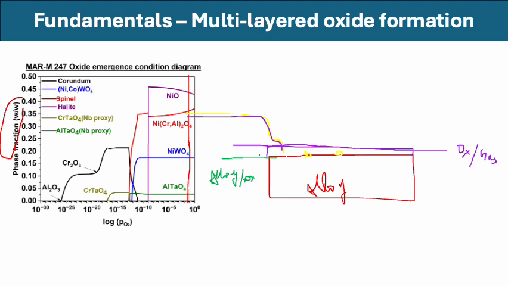Another piece of information that we get is that at the interface between the alloy and oxide, the partial pressure goes down, because there was very high oxygen activity on the pristine alloy surface.